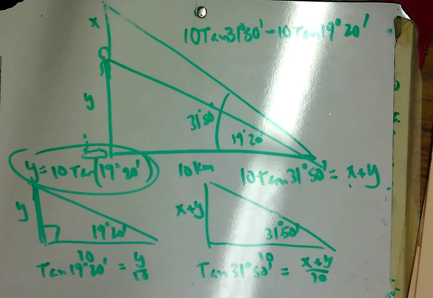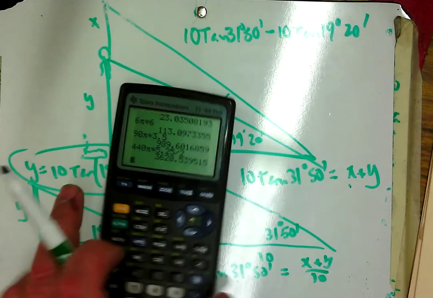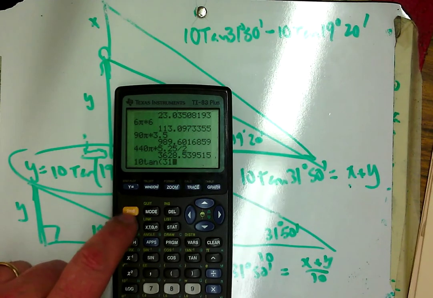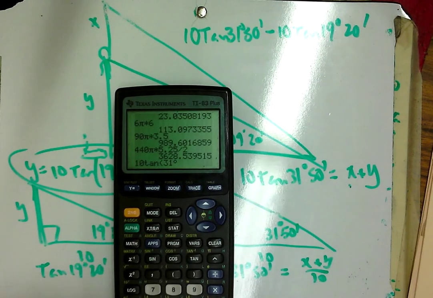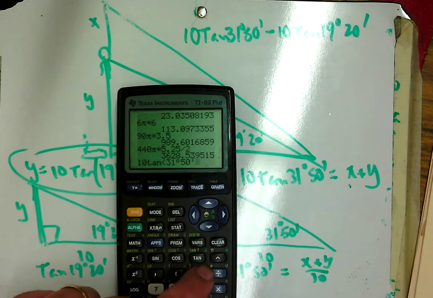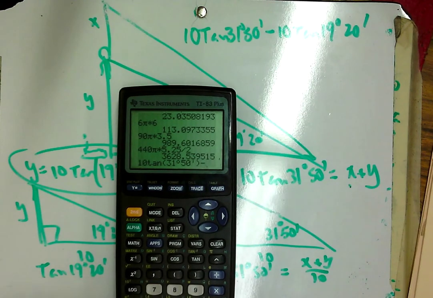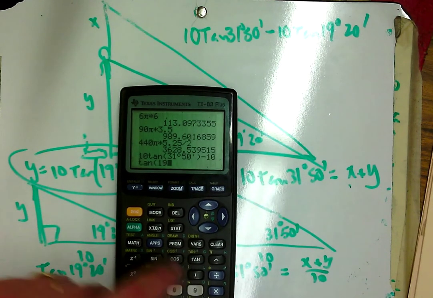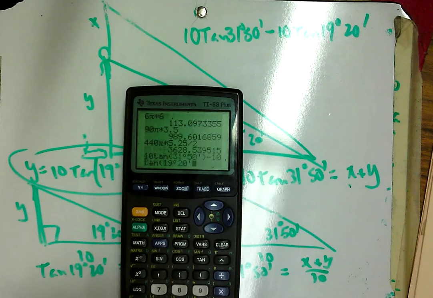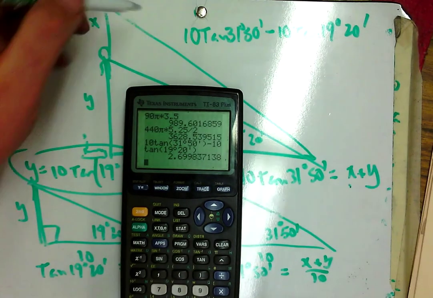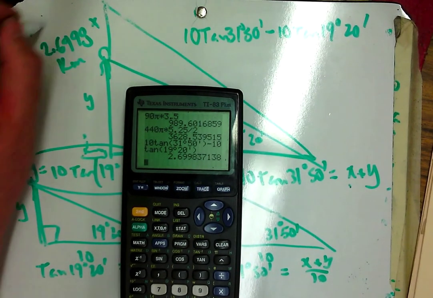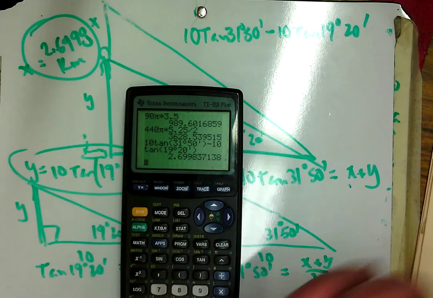So let's take out our calculator and figure out what this will be. 10 tan 31 degrees 50 minutes minus 10 tan 19 degrees 20 minutes. And we get 2.6998 kilometers. That's what x equals.